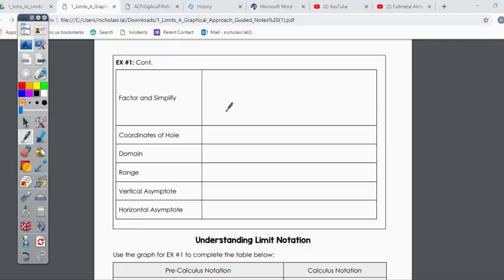So, let's factor out the numerator. I can see that this can factor into 3x plus 1 and x minus 3. And the denominator can factor as x plus 3, x minus 3.